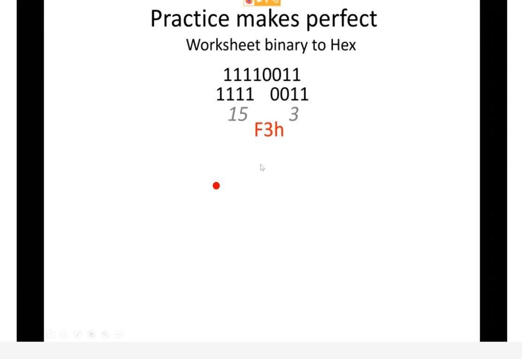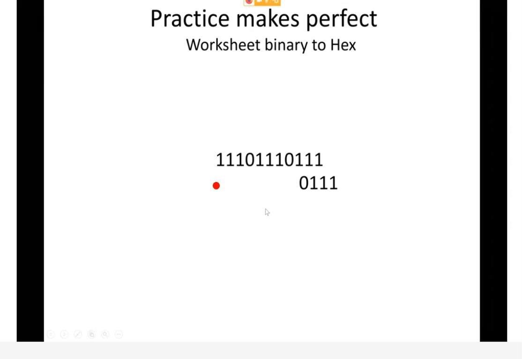This would convert to F3, and the H meaning that it's hex. Then 0111 should be 7, so 777. Now, if we left it at 777 and didn't put our little h there, how would we know it was hex? Once again, it could be an H or a little 16 to tell us that it's a hex number.